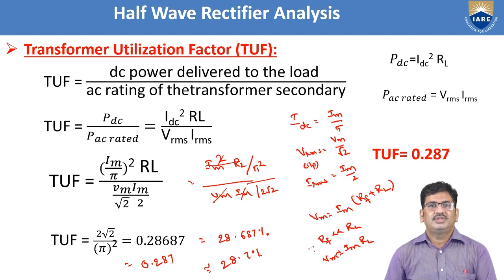The various points which were discussed in this class: what is a rectifier? The rectifier is defined as an electronic circuit which is used to convert the alternating current into pulsating DC. The pulsating DC means the AC ripples superimposed onto the DC component.